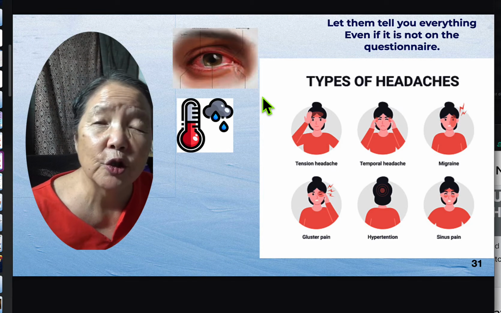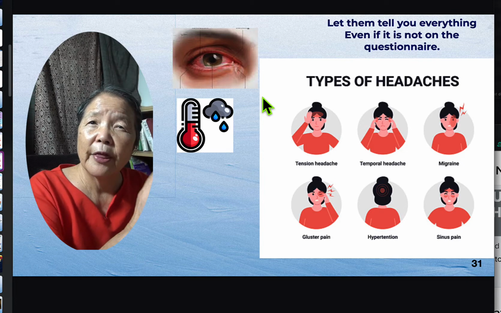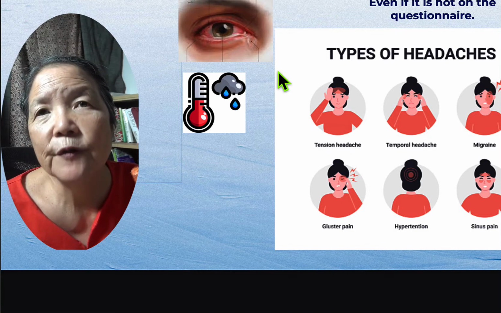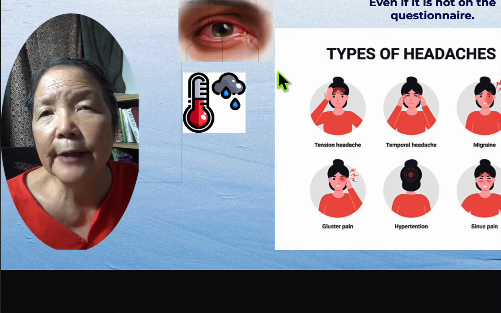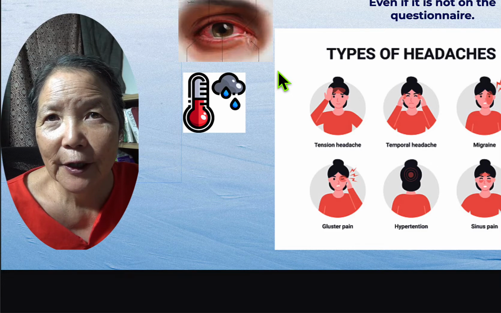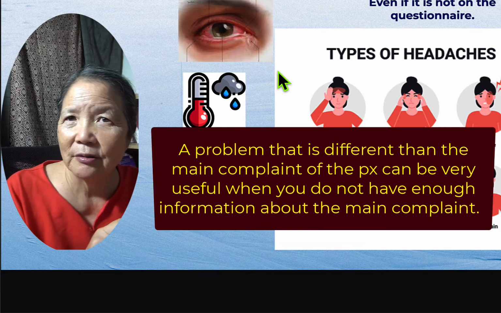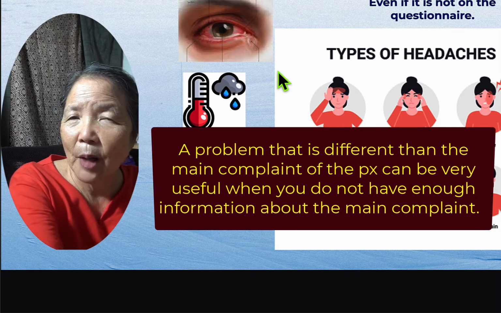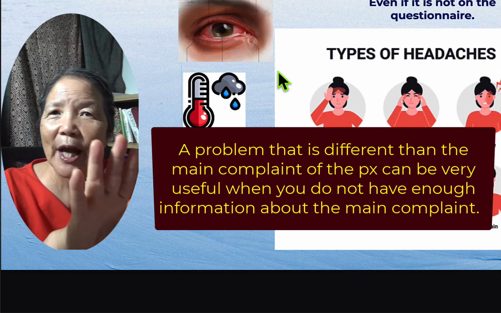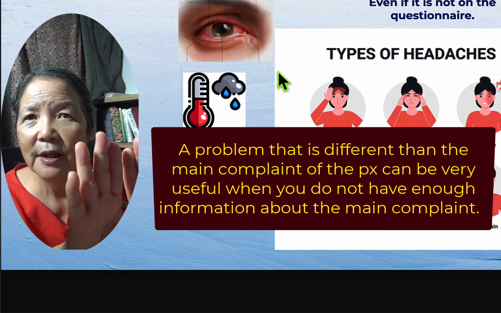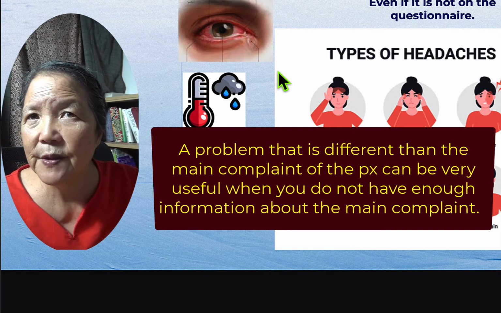If they begin to talk about some problem that isn't on the questionnaire, this is sometimes very useful, especially when you don't have enough answers. If you find a separate question, a separate problem, you actually can take a case based on two problems when you're lacking enough symptoms.